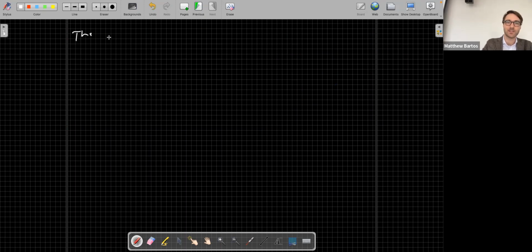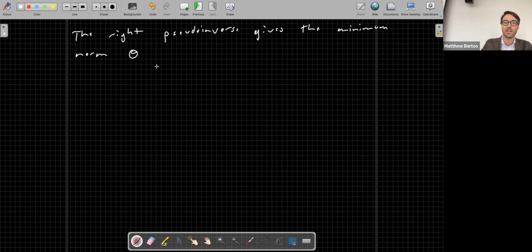Okay, so the right pseudo-inverse gives the minimum norm theta that satisfies our system of equations. So that will be theta hat is equal to A transpose times (A A transpose) inverse times Y.